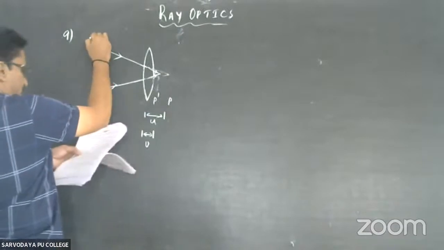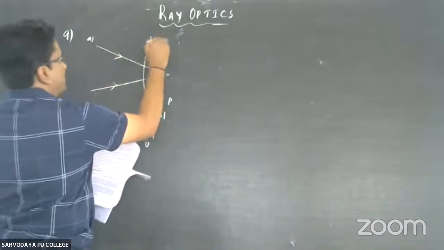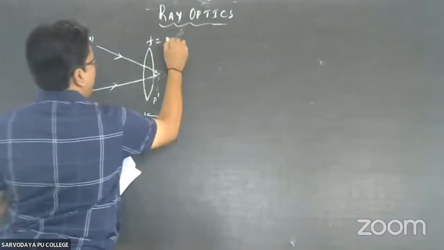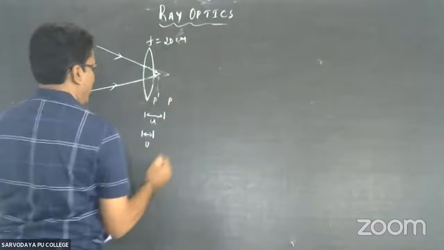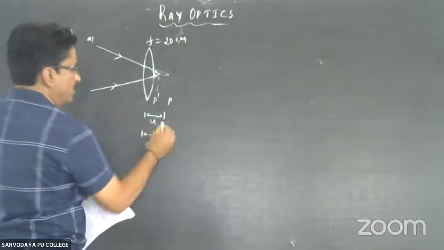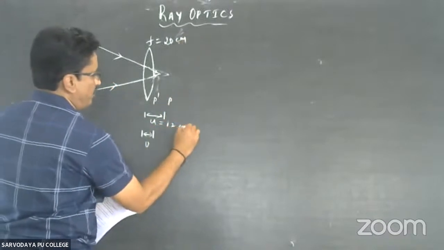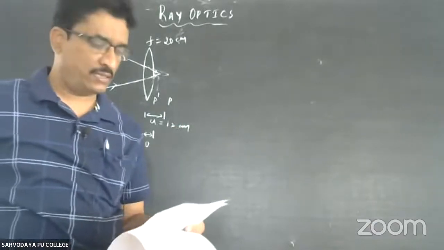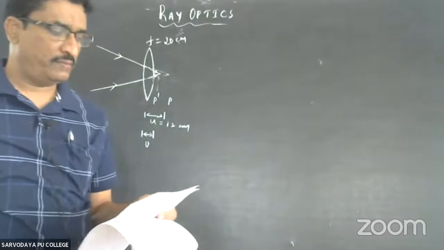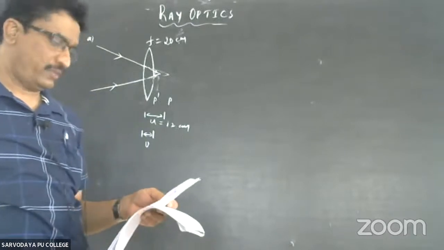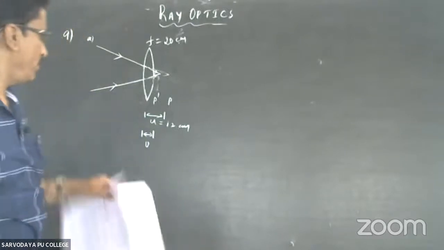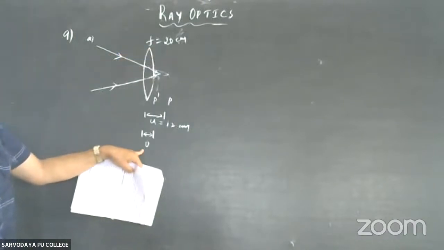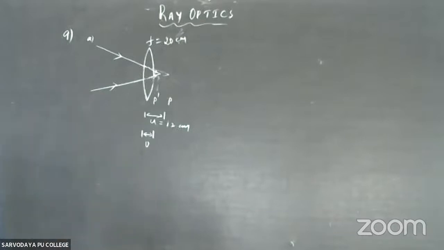This is the first case, that is A, and here the lens is a convex lens of focal length 20 centimeter. It has been given that this distance is equal to 12 centimeter, which means the point P is at a distance 12 centimeter from the lens. Therefore, we have been given u and f. Our job is to find v. This is the first case.